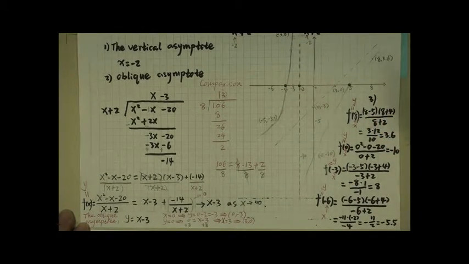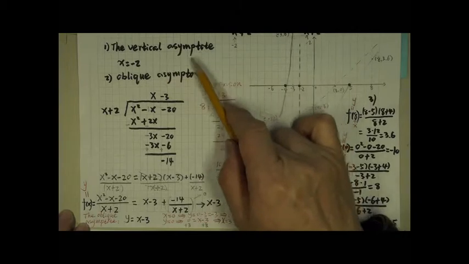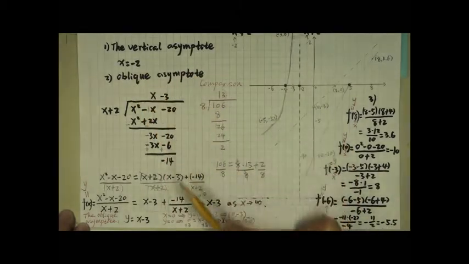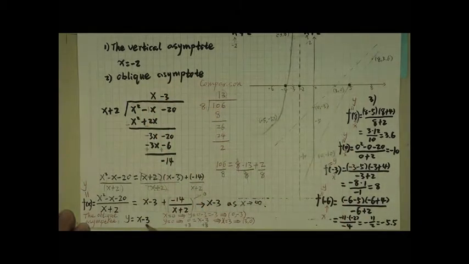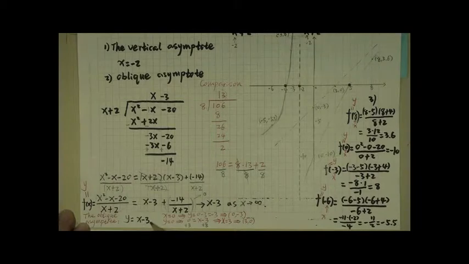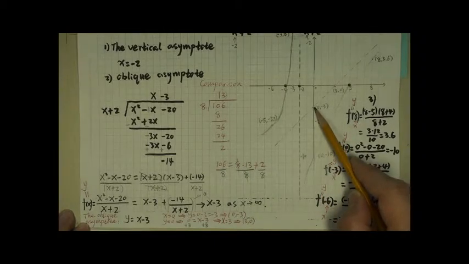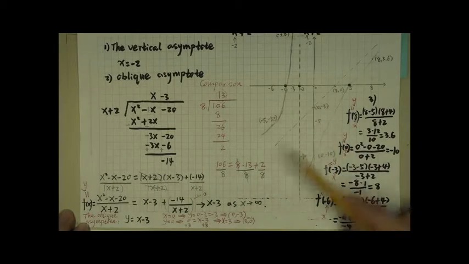Okay, so we got the vertical asymptote, we got the oblique asymptote. We want to sketch it. How does it look? If you let x be 0, then y equals 0 minus 3, that's negative 3. So x is 0, y is negative 3. Then you have 0, negative 3 on the line.